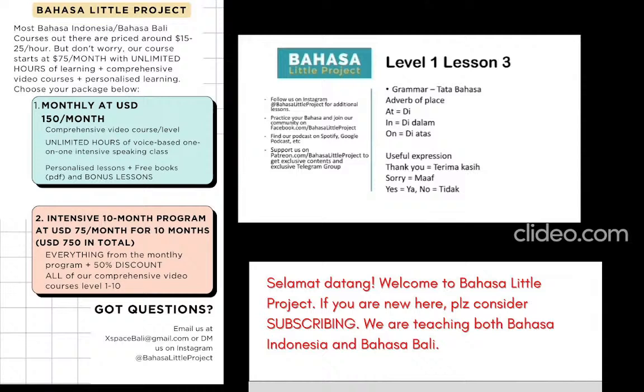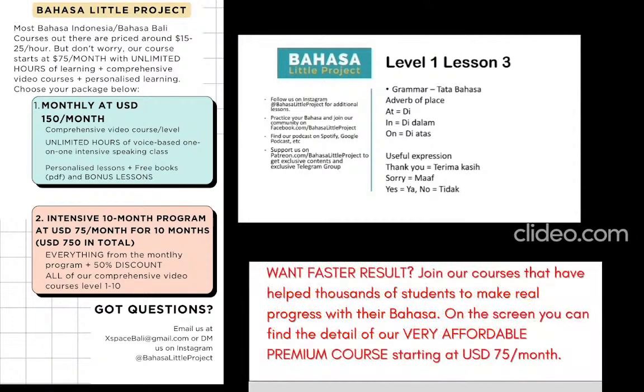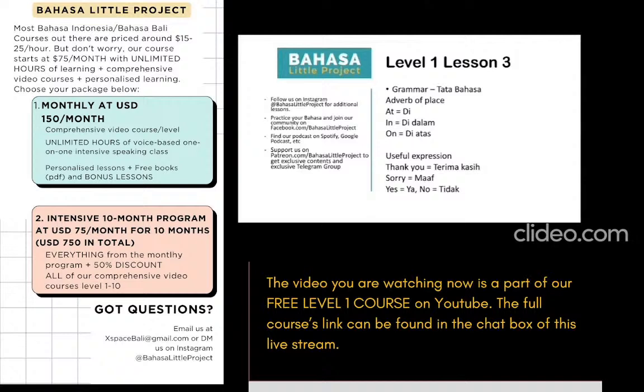And we will also learn useful expressions. I think again these expressions will be very useful for you in your daily usage of the language. So how do you say thank you? It is terima kasih. Terima means actually accept or receive, and kasih means care or love.